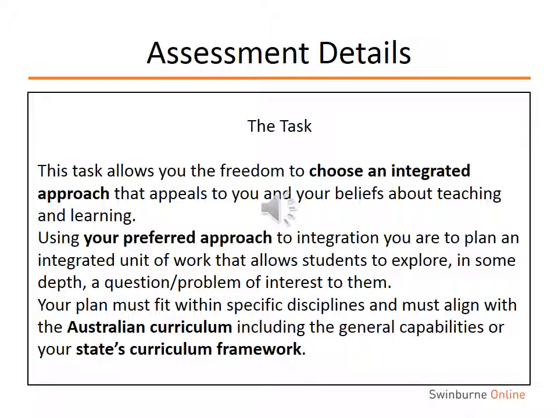You need to make sure it is from the curriculum from the appropriate age level. Make sure that you do this and you provide evidence by referencing the curriculum and including the general capabilities. You may use your state's curriculum, for instance, VCAA if you're in Victoria, or the Australian curriculum.